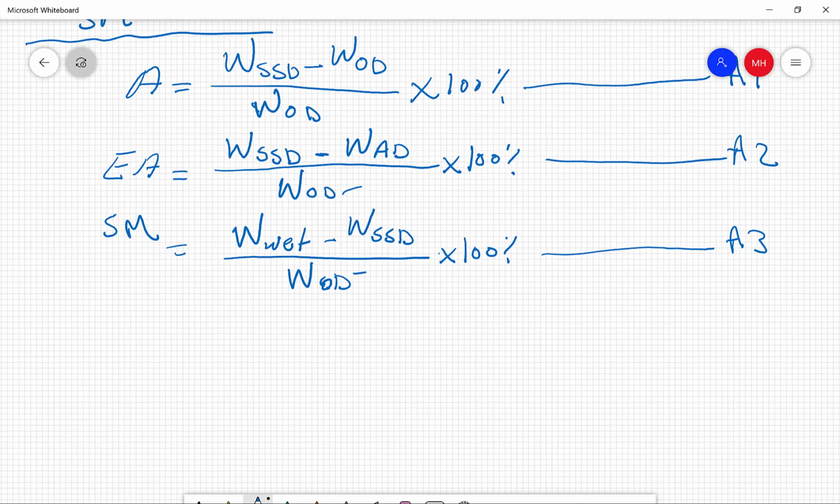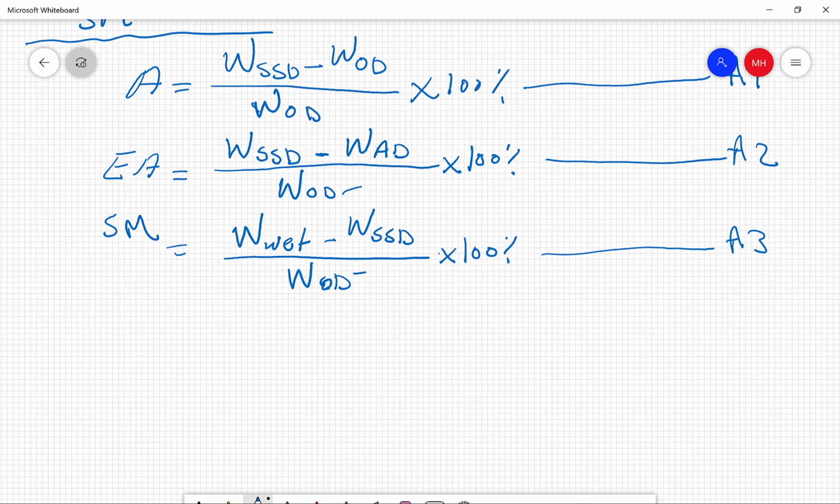Okay, so now if the difference between the SSD and the OD is too small, like 1 to 2%, as is the case in most aggregates, the actual differences between effective absorption or the surface moisture calculated from the SSD and the OD states can be neglected. Just keep that in mind. So when working on the oven dry basis, the quantity of total moisture is generally used.